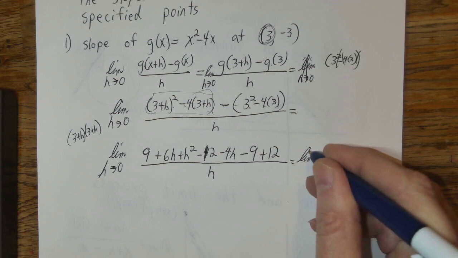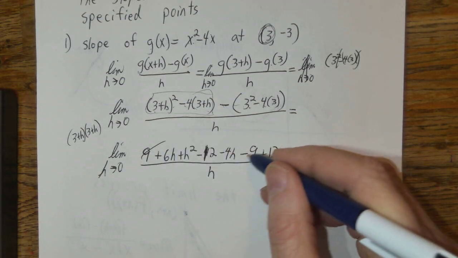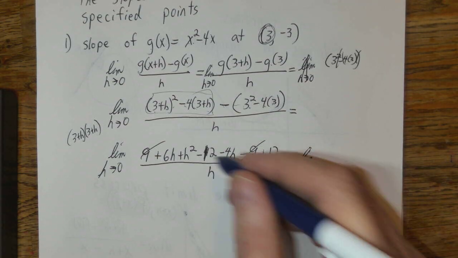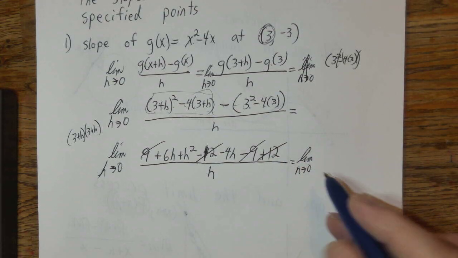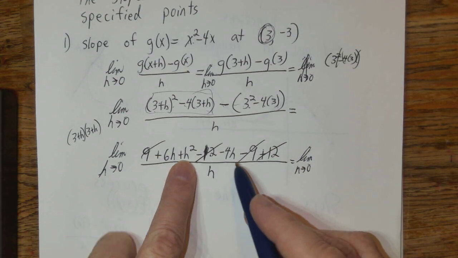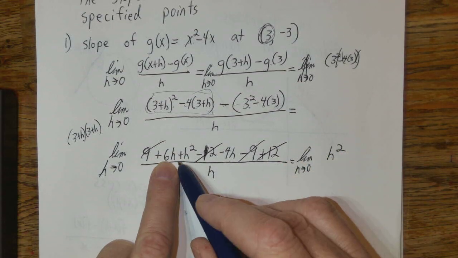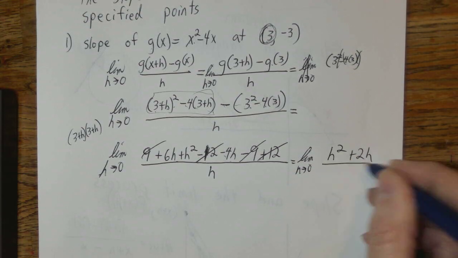And then that limit, as h approaches 0, we're going to cancel out that 9 and that negative 9, and cancel out this negative 12 and positive 12. And I've got an h squared. And then 6h minus 4h is positive 2h.